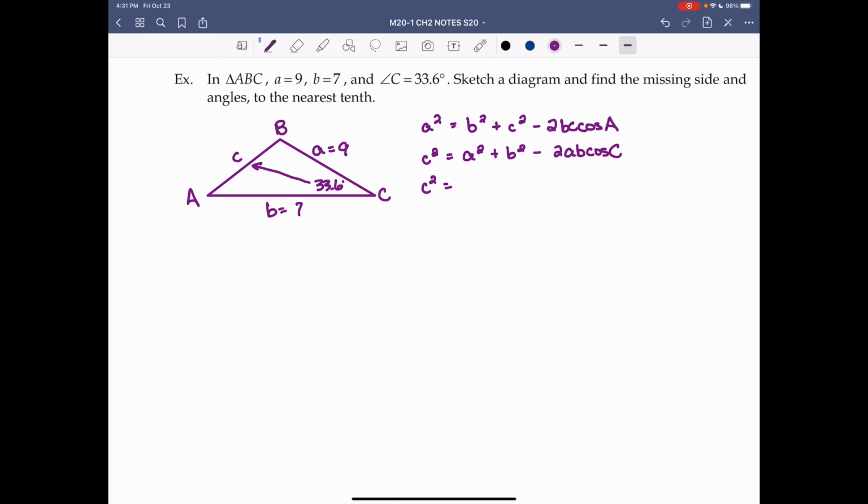Then we plug in our information. C squared equals A is 9, 9 squared plus B is 7, 7 squared minus 2 times A, which is 9, times B, which is 7, times cos angle C, which is 33.6 degrees.